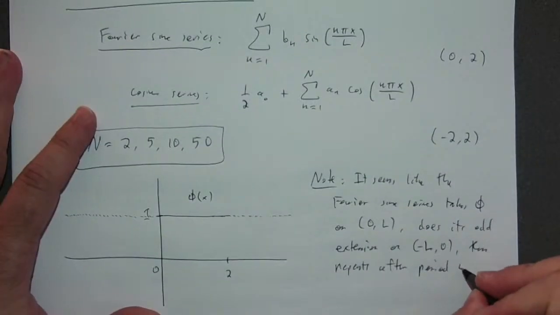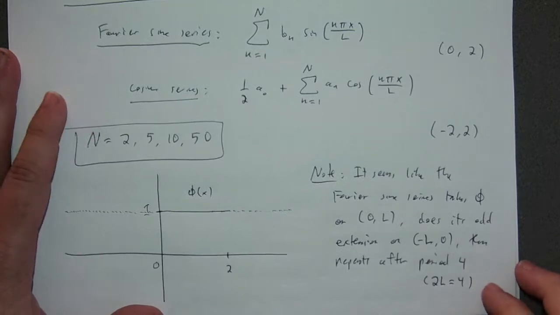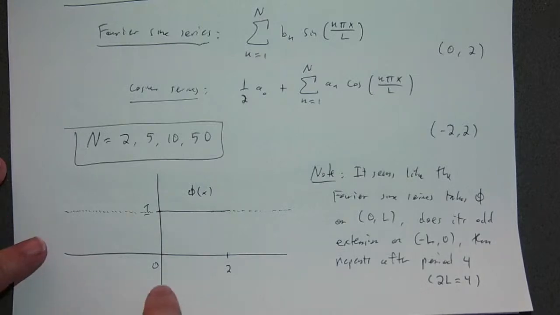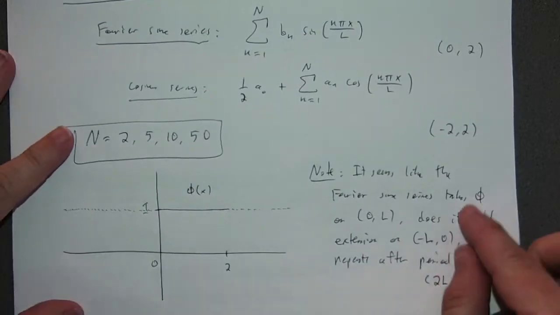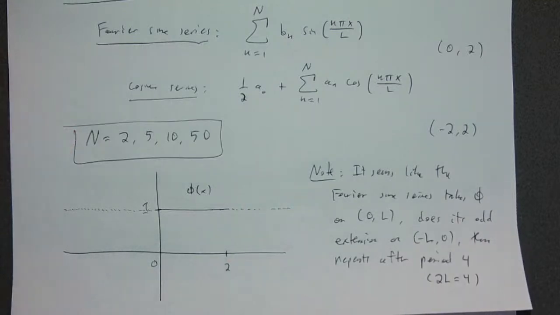After period 4, which in this case was 2L, 2L was 4 here, it does the odd extension from minus 2 to 0, so that from minus 2 to 2 it is this odd extended phi. But on a larger interval, say minus 4 to 4, it's clear that it's this odd extension made periodic. So have a look at those pictures again if you're confused about how this works.